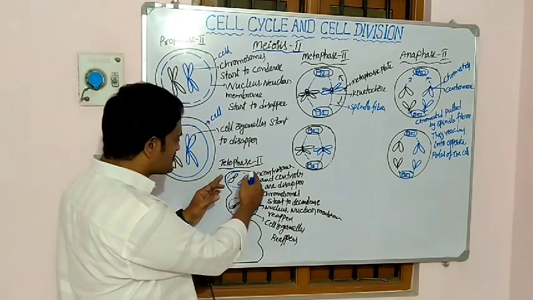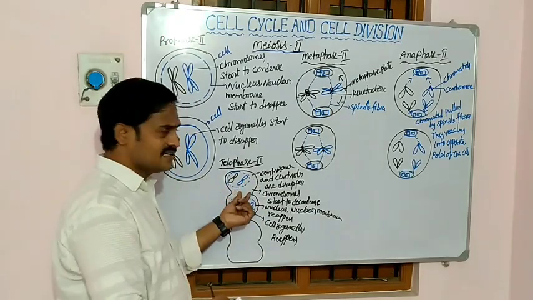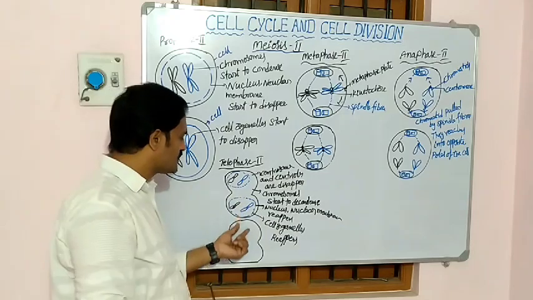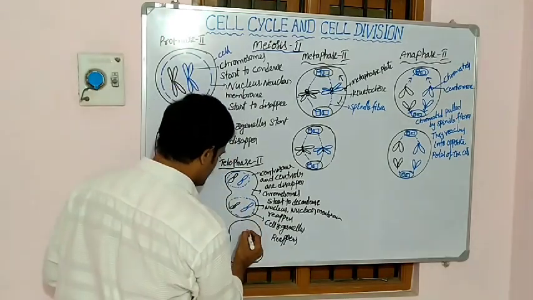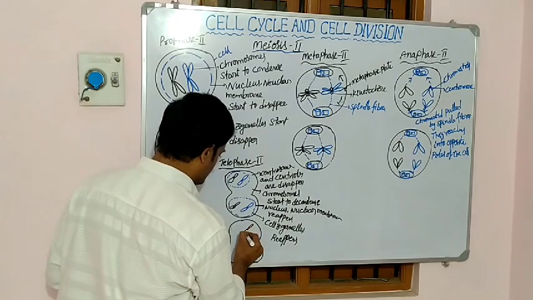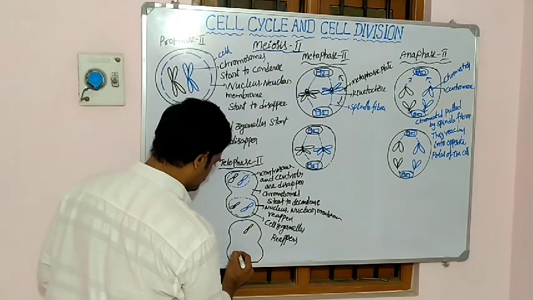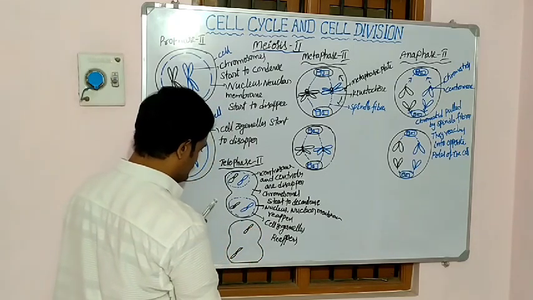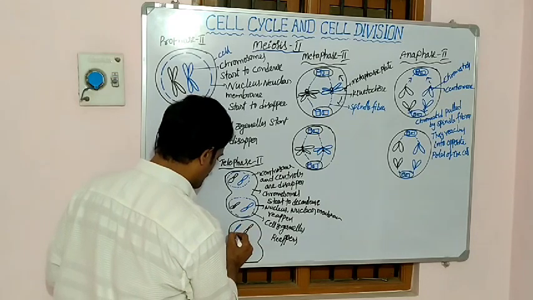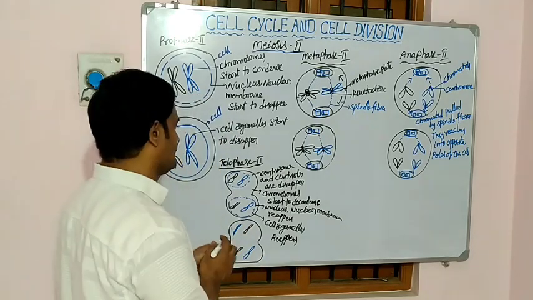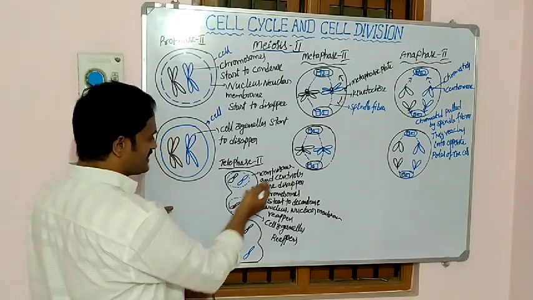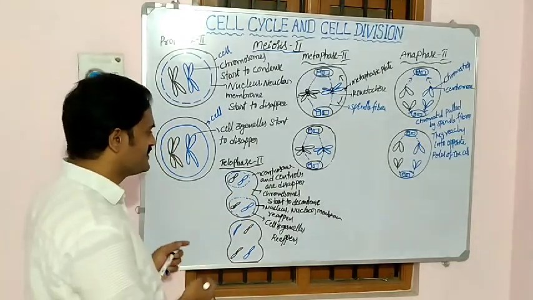The same changes I am explaining about one cell, we notice here also. See what kind of changes? The chromatids fully convert into chromosomes like this. Then the centrosome and centrioles disappear.